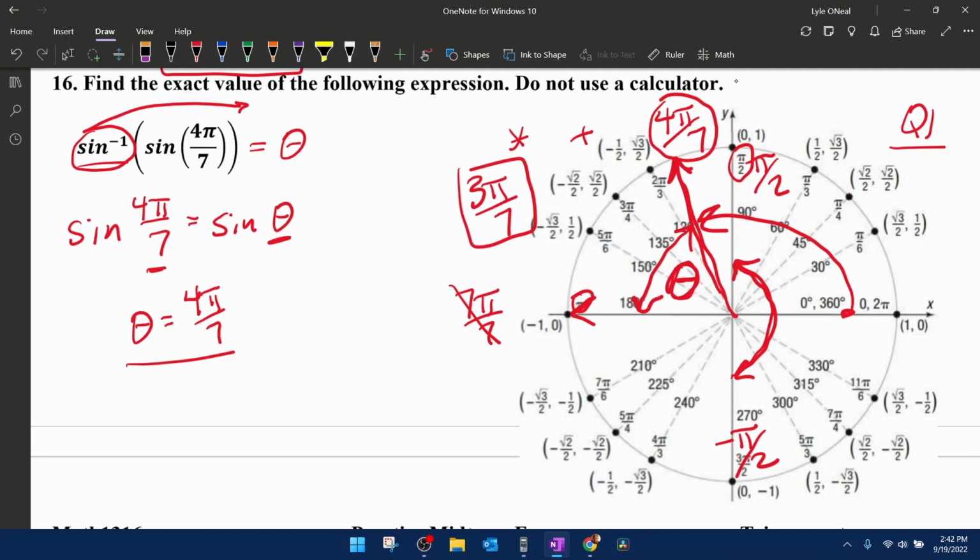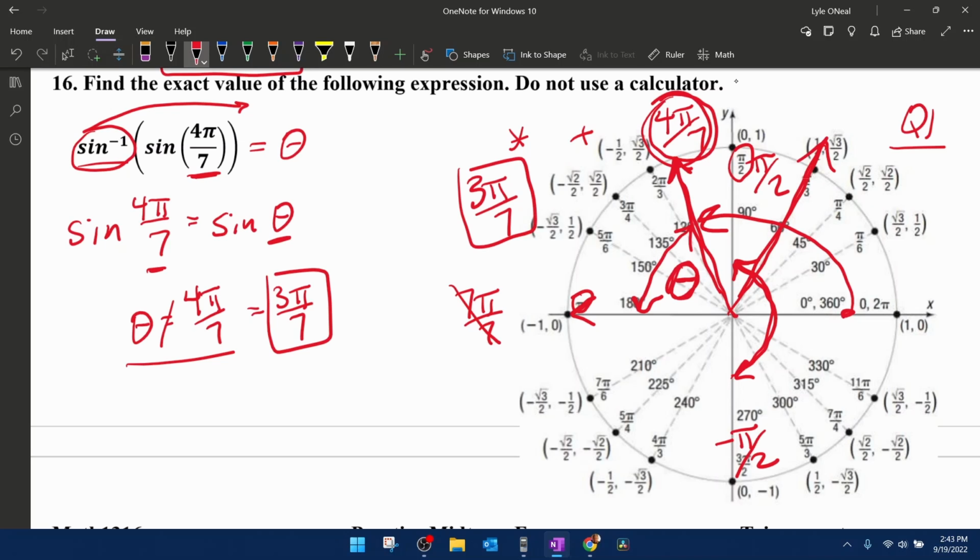If it was negative, that would throw us into quadrant 4, and the answer for sine would be negative. But we know that our angle, this 4 pi over 7, is in quadrant 2, and the sine of that would be positive. So our answer is not 4 pi over 7, it's 3 pi over 7. And it's positive because that would be a quadrant 1 angle.